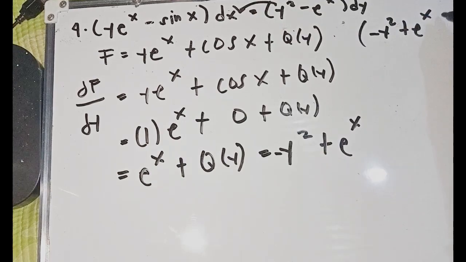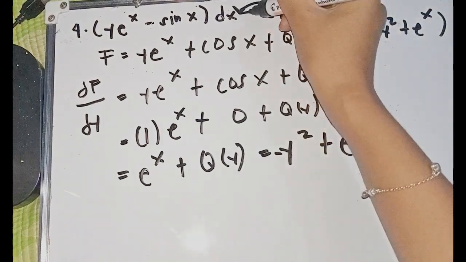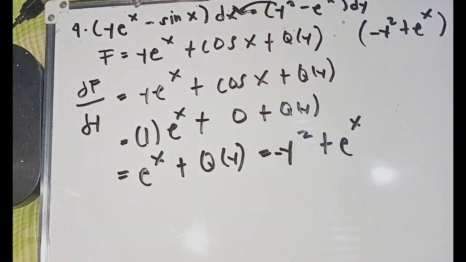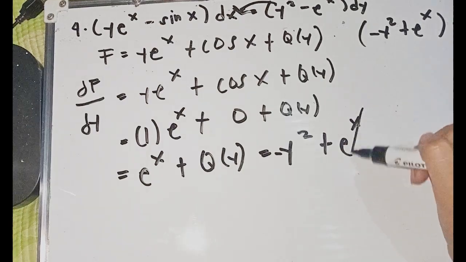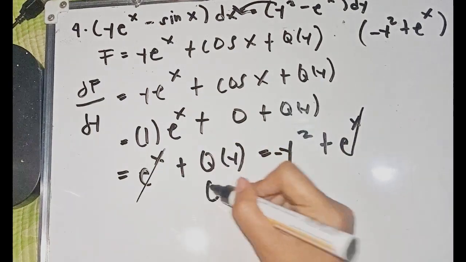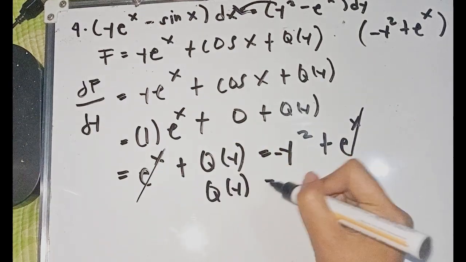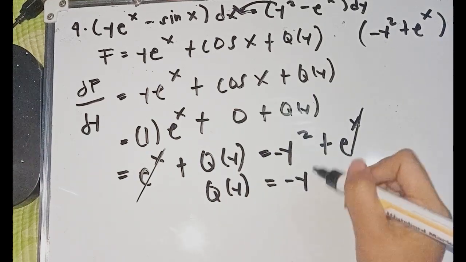That is our N, right? So we can now cancel the e^x. So our g prime of y now is equal to negative y squared.